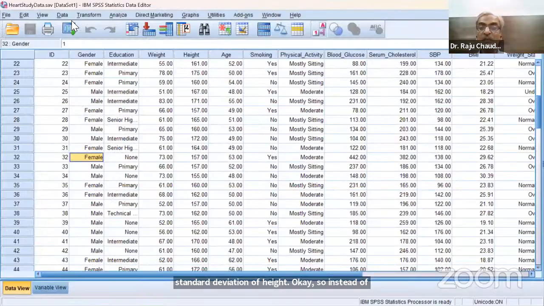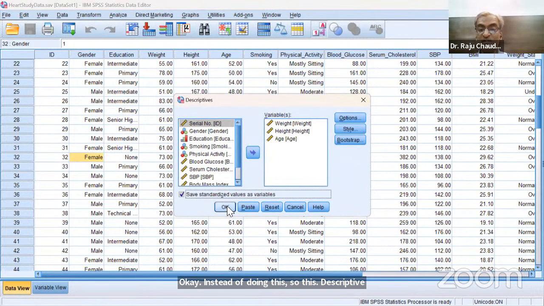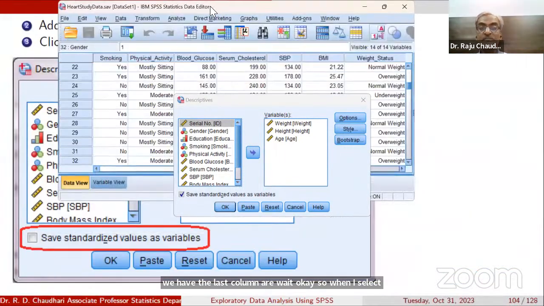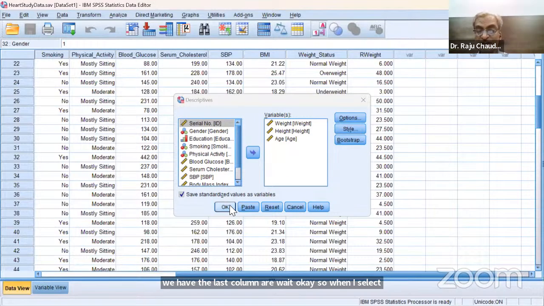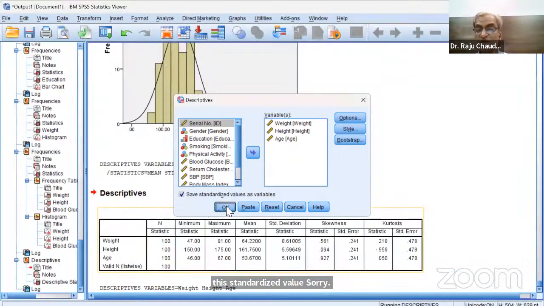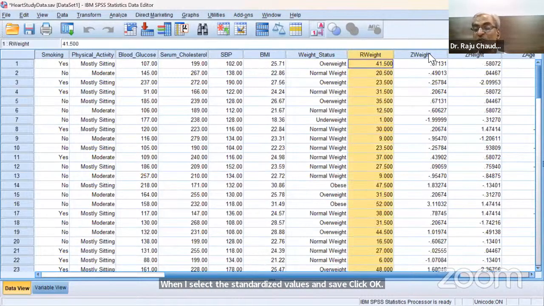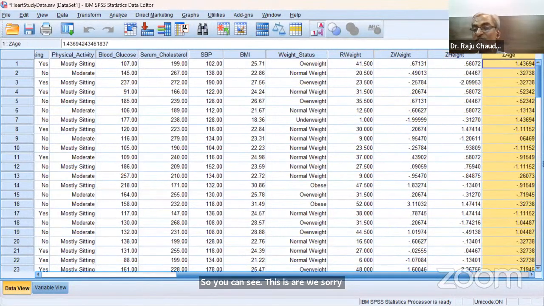Instead of doing this, the descriptive statistics gives you that also: save the standardized values. Look at this. In my SPSS data file, we don't have this. We have the last column, weight. When I select the standardized values and save, click OK, you can see Z weight, Z height, Z age.